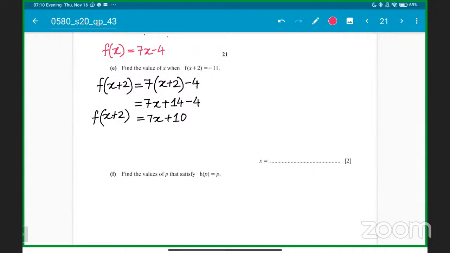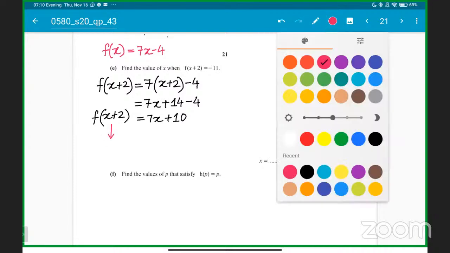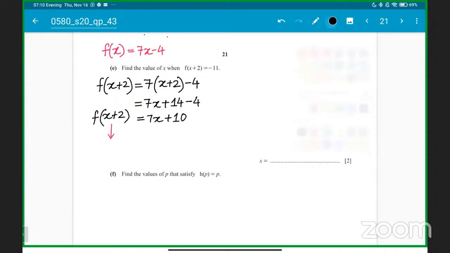And here you go. You compare, this is equals to -11. So instead of f(x + 2), you will write -11. Hope everyone is getting it. -11 is equals to 7x plus 10. You have to solve this, students.